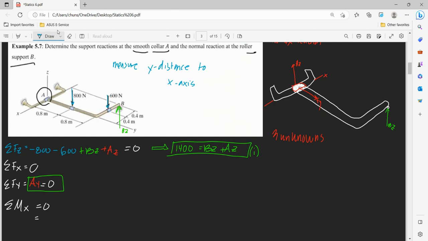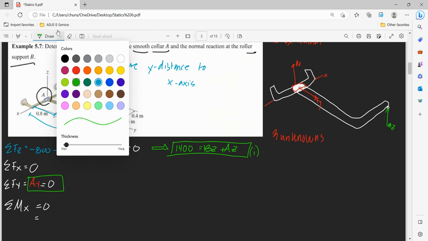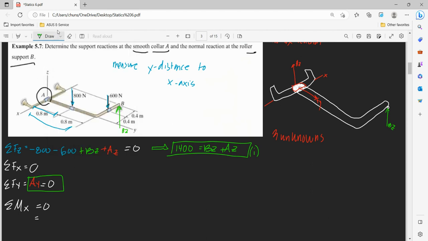Okay, so this means for 800 newtons, we're using this distance. For 600 newtons, we use this distance because that's how far it takes to get to our x. And for Bz, we are using this distance, which is the same as 600, right? So it doesn't matter about the other kinds of geometry that's going on, just how far it would take to slide them over towards the x-axis along our y-axis.